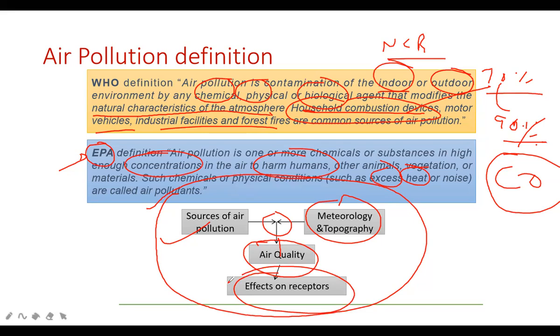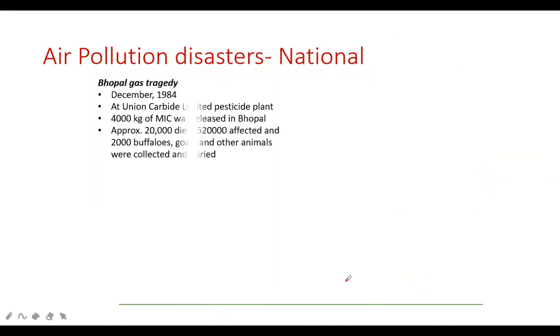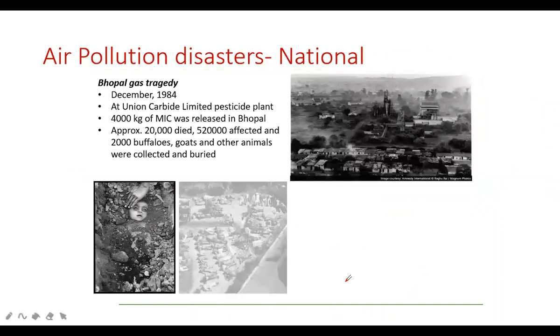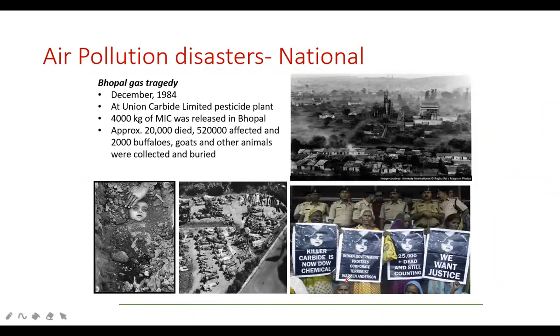So our aim is to study all these things before the pollutant can reach the receptor, causing harmful effects. Before actually going into the detail of any pollution, we need to know about the disasters.